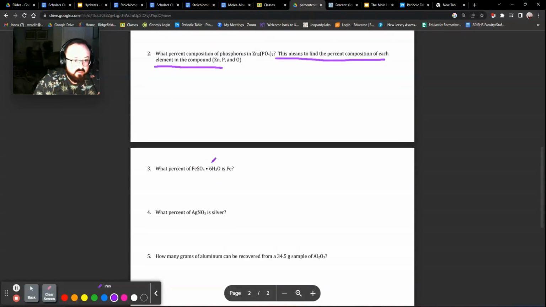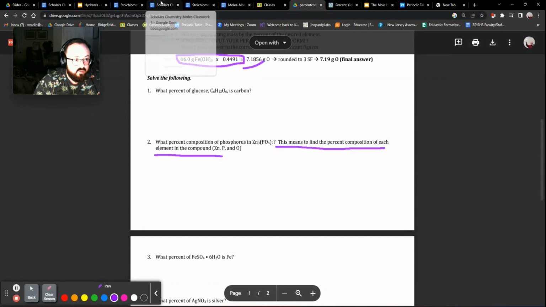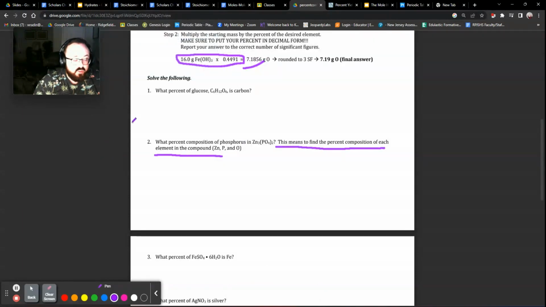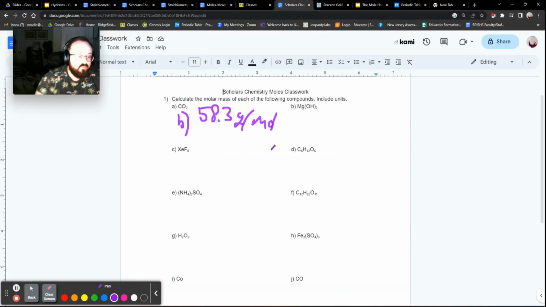So what I'm going to do here is I'm going to go back to one of our earlier worksheets where we've already figured out our molar masses. So let me go and do that. So we did part B, and I want to use part B just as an example here. We already did part B, magnesium hydroxide. We figured out 58.3 grams per mole is our molar mass.